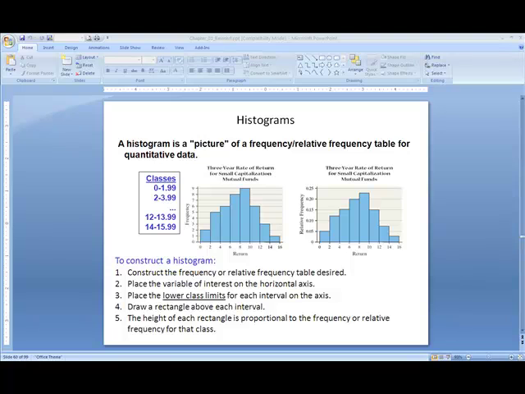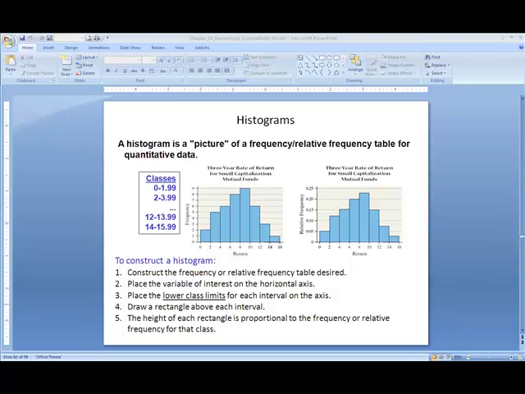Let's look at a histogram, which is just a picture of a relative frequency or a frequency table for quantitative data. So we're going to construct this table, then we're going to place the variables that we're interested in on the horizontal axis, and then we'll count how many go into each of the categories, and that will create our bars for our histogram.